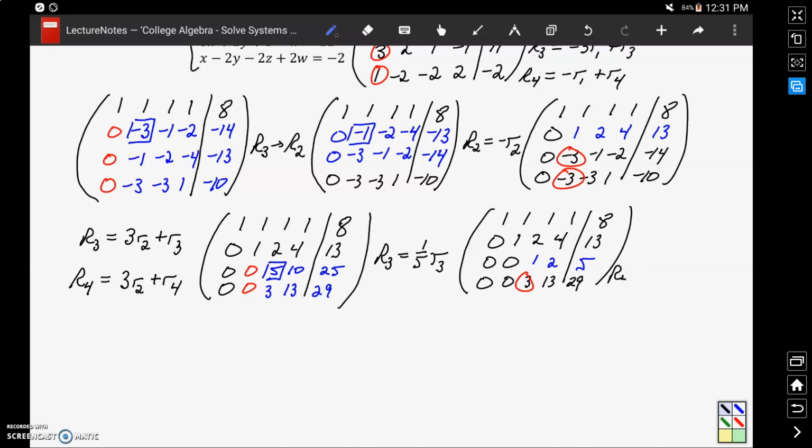In order to do that, we'll update row 4 by taking negative 3 times row 3 and adding that result to row 4.